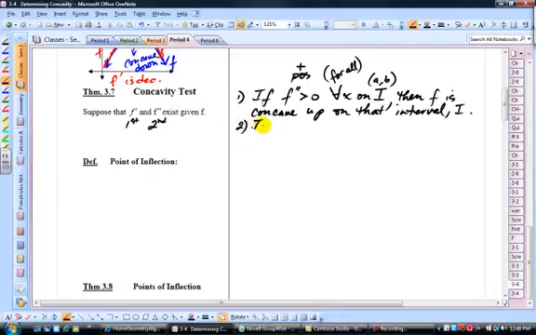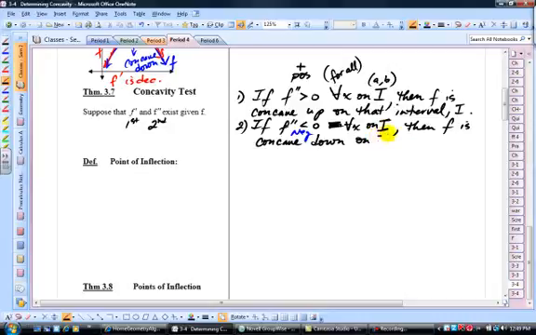So number 2, if the second derivative is less than 0, which implies that it's negative, for all x on I, that means everywhere on the interval, then f is concave down on that interval.